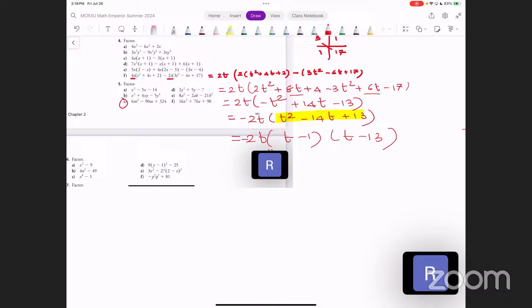Good answer? All right, let's see the steps.